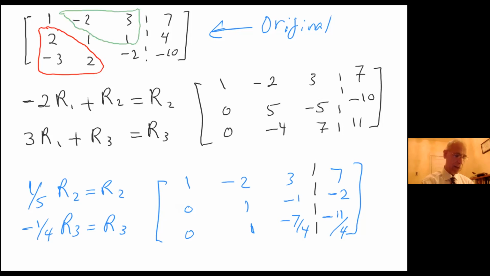And on the middle diagonal, this one is 1. And if I turn this -2 into 1, then I know the value of x, the value of y, the value of z. So that's the goal.